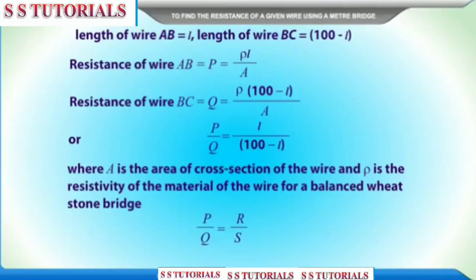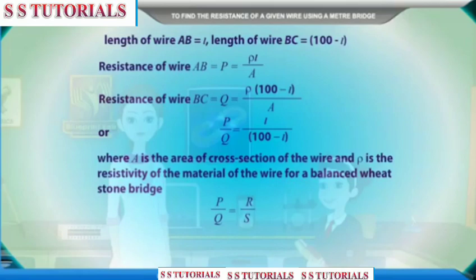For a balanced Wheatstone bridge, P by Q is equal to R by S.